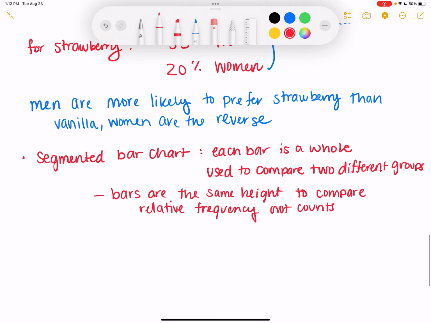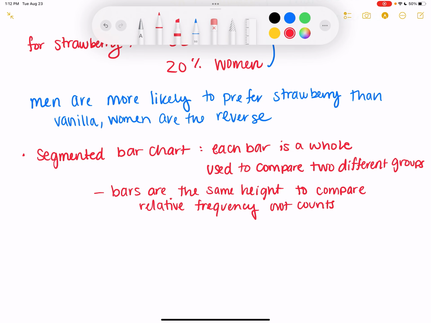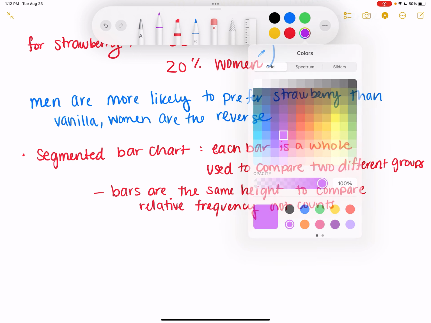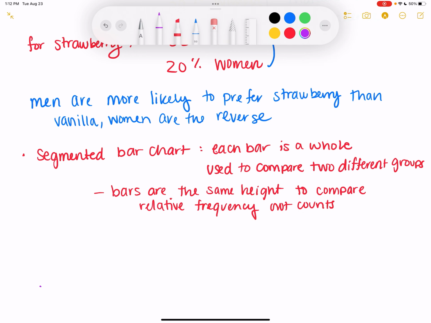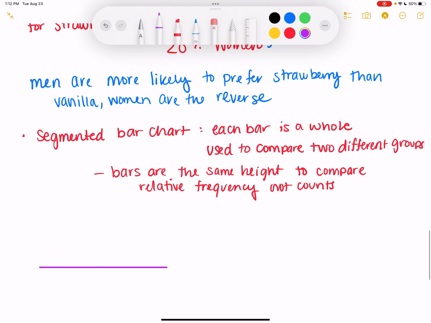Okay, so we're going to have male and female, and each of them is going to have a bar that's the same height. Those are not the same.